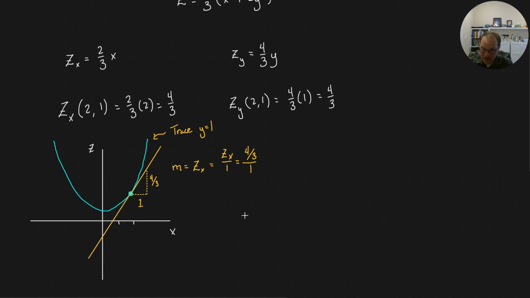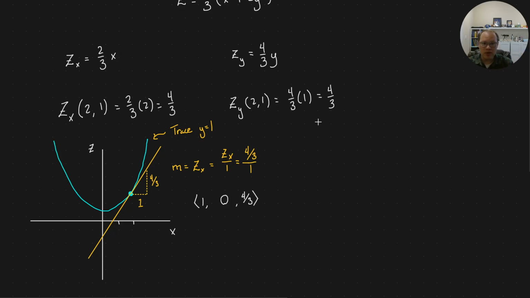And if I put those together, I can get a vector out of that. For every 1 unit of change in the x direction, I'm changing 4/3 units in the z direction. And since I'm holding y fixed, I'm not changing at all in the y direction. So this would be the vector tangent to the surface at the point in the x direction.